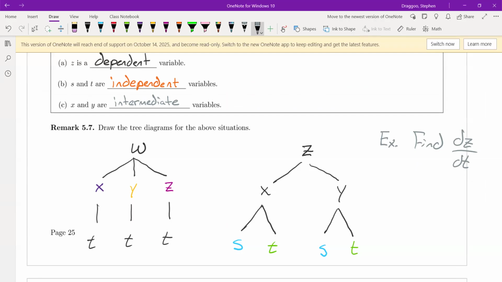What I would do is trace my tree diagram from the top to the variable that I am looking to take a derivative of. So I have to come out of z and take an x partial, and then from there, get its derivative with respect to t. I also need a y partial, and then get its derivative with respect to t.